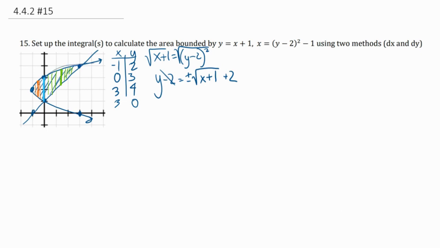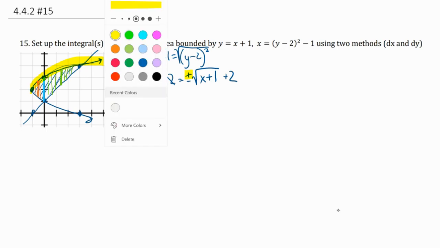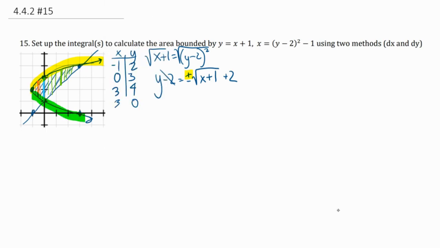You have an upper radical, and you have a lower radical. The upper radical is the positive part, okay? The lower radical is the negative part. Got it? So upper would be larger y numbers. Negative would be the lower y numbers.